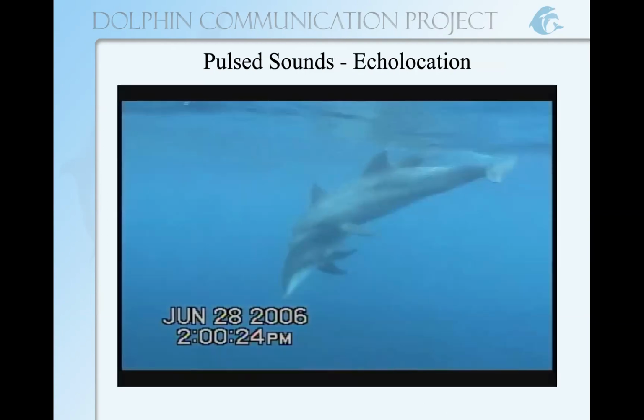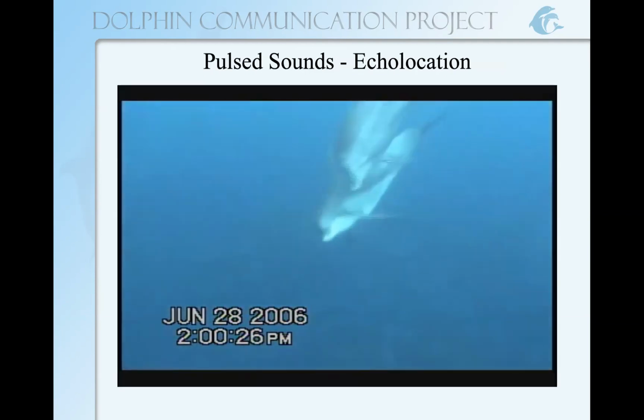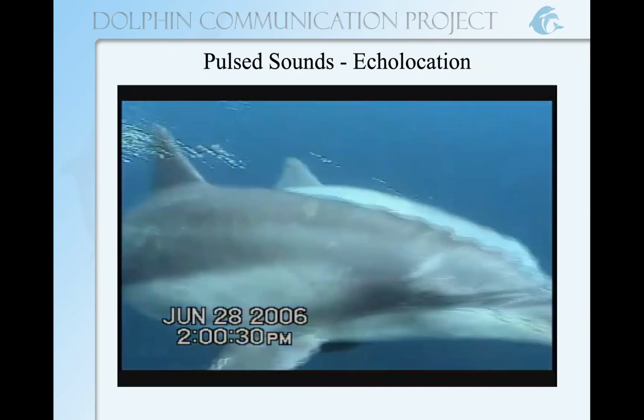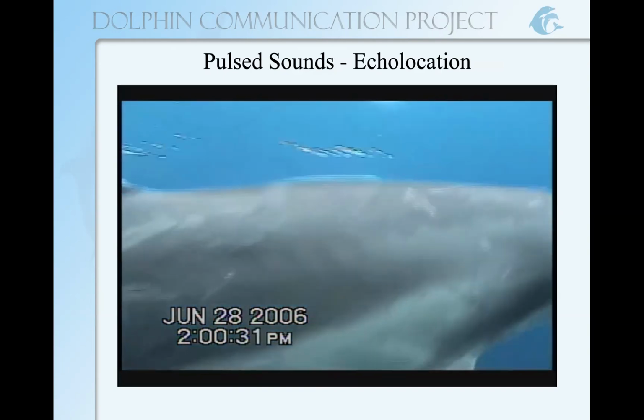That said, unlike whistles, dolphins produce pulsed sounds, which are brief sounds called clicks. So take it like a hinge of a rusty door that's being opened, so that's sort of a click train between individuals. These are usually classified as either echolocation clicks or burst pulses.